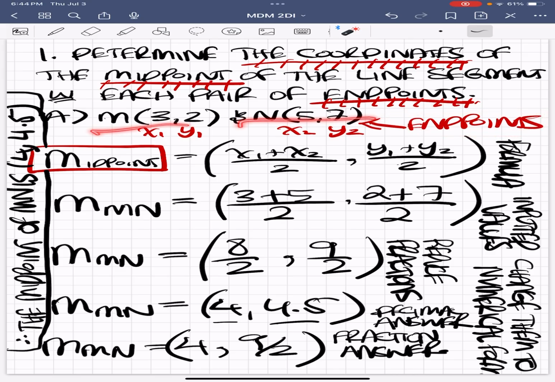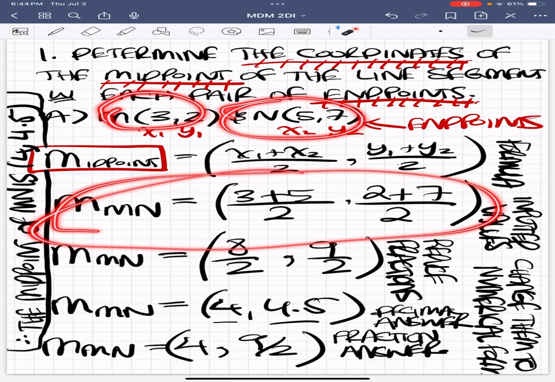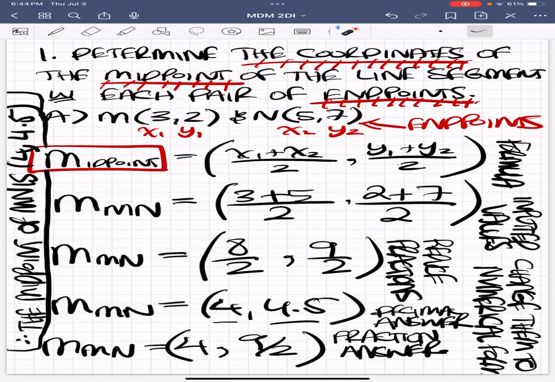M and N are our endpoints, and then we have midpoint, and I boxed it all in red. So we have the formula, and then we inputted our values of the endpoints into here using the formula. And then we simplified these additions or binomials, or however you want to call it.